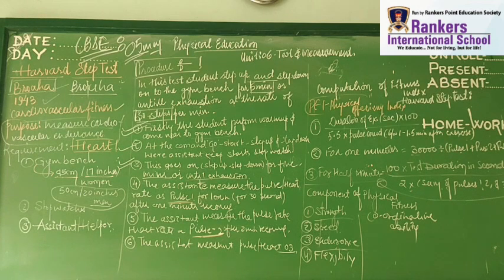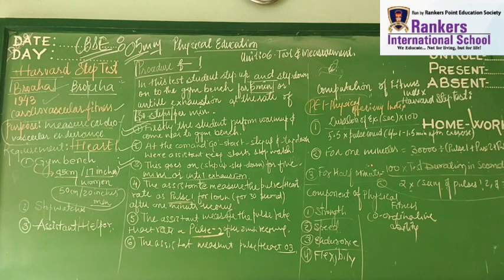Afterwards, the assistant will measure the pulse rate or heart rate of the individual for 30 seconds after 1 minute recovery. Then again the assistant will measure pulse number 2 after 2 minutes recovery, and pulse number 3 after 3 minutes recovery.